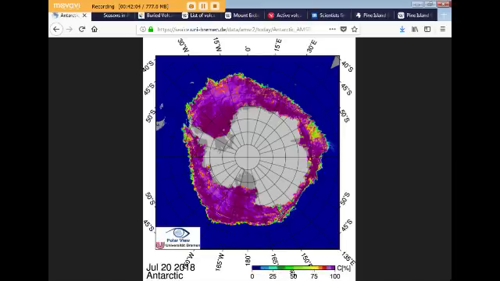Like this green is 50%, they say, around the edges, and then the yellow is 75%. So it's getting there. It's just something we need to keep an eye on.